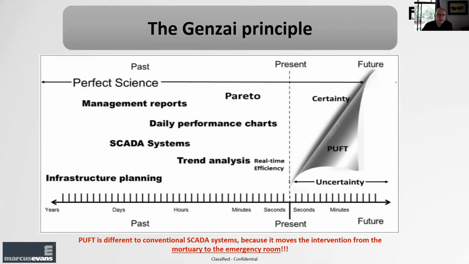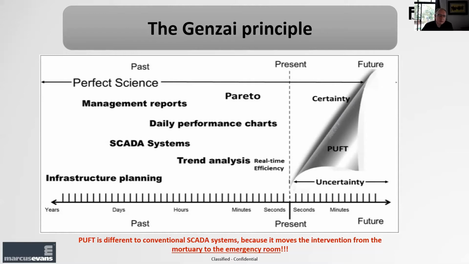So what we're saying is that when we sit tomorrow morning and we do a Pareto or daily performance, we're basically looking at the dead body. You know, what went wrong? Whereas we need to move the incident to the emergency room. And how do we do that? So this is where PUF unveils uncertainty to certainty and gives you a glimpse into the future.